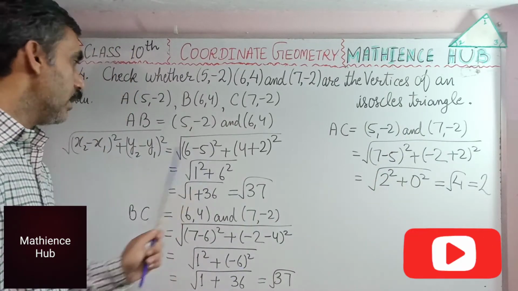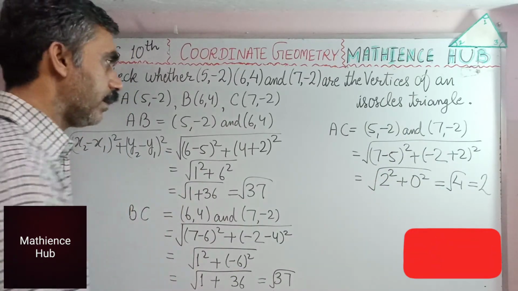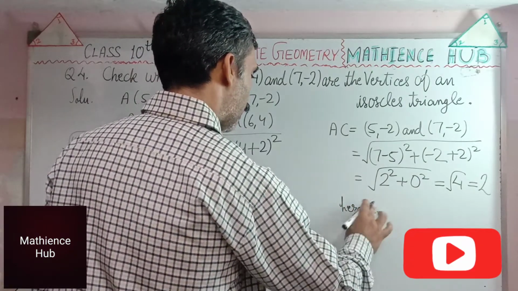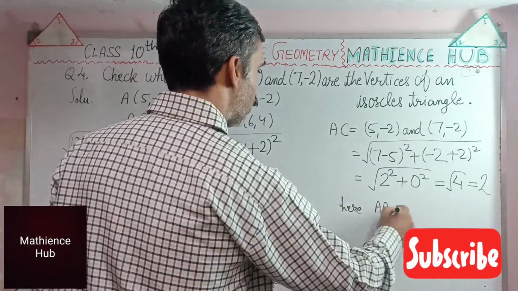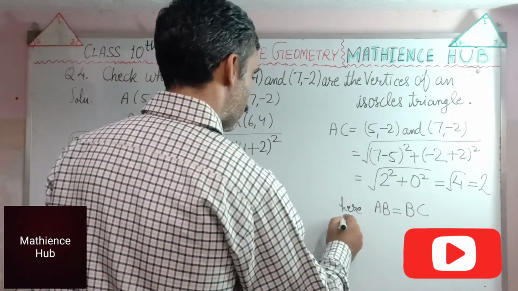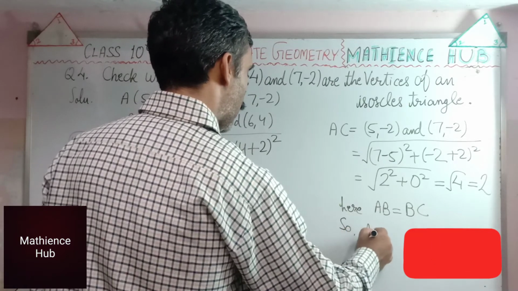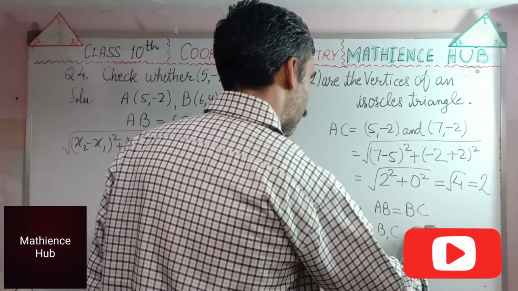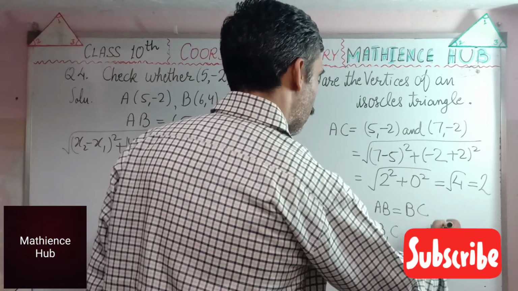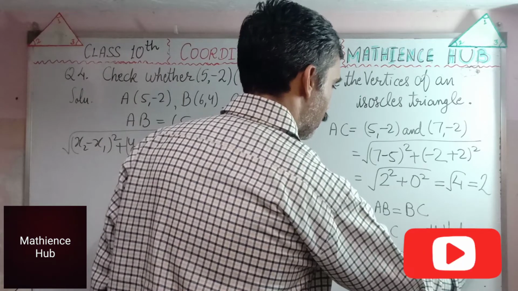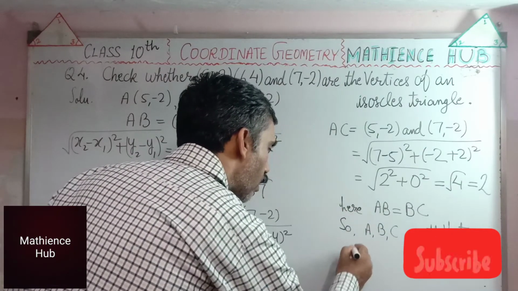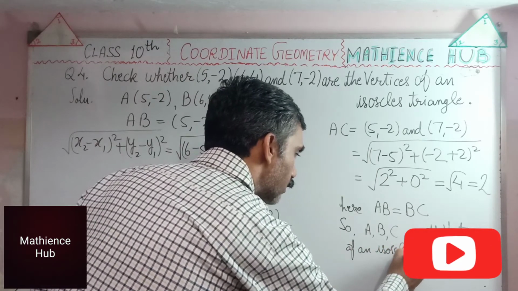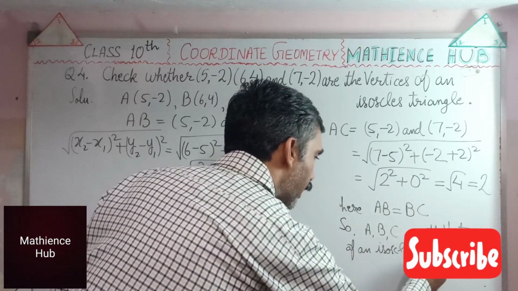Here you see AB and BC are equal. Here AB equals BC. So A, B, C are the vertices of an isosceles triangle.